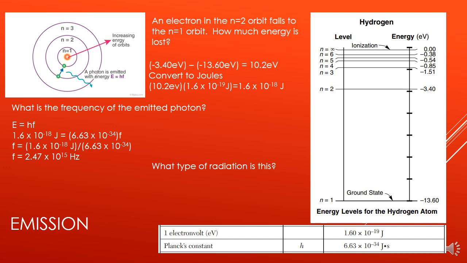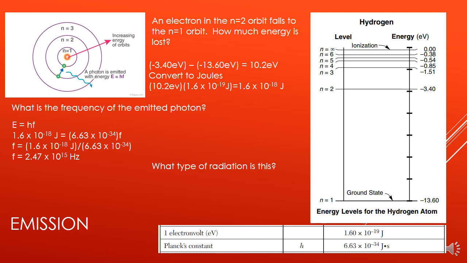So what we want to do is go to our chart on the right and subtract the energy values for N2 and N1. So I wrote negative 3.40 electron volts, N2, minus negative 13.60 electron volts, that's N equals 1. That difference is 10.2 electron volts.